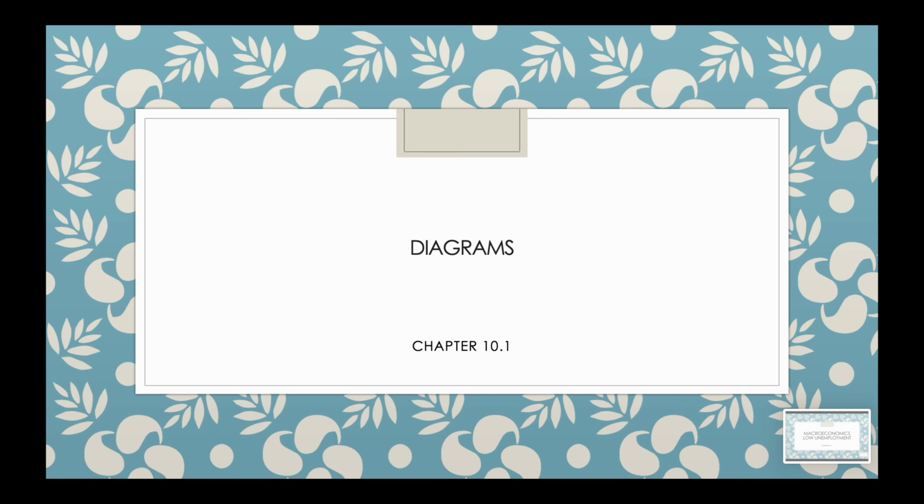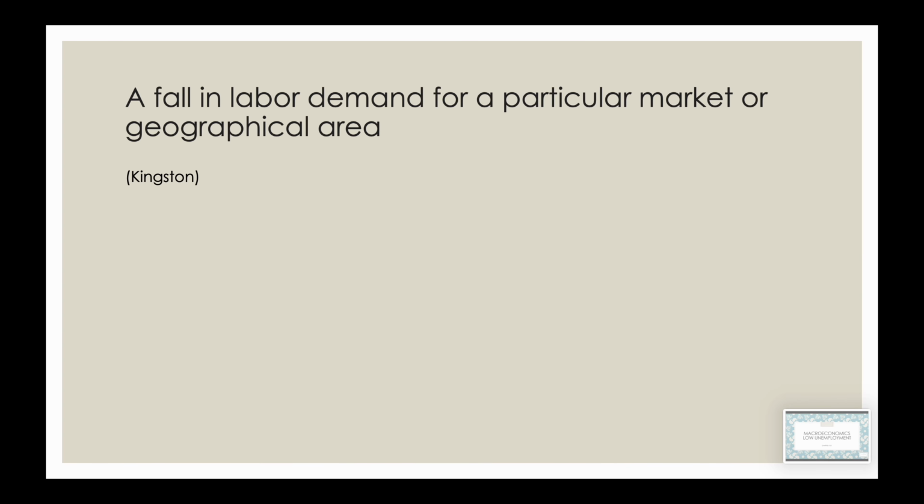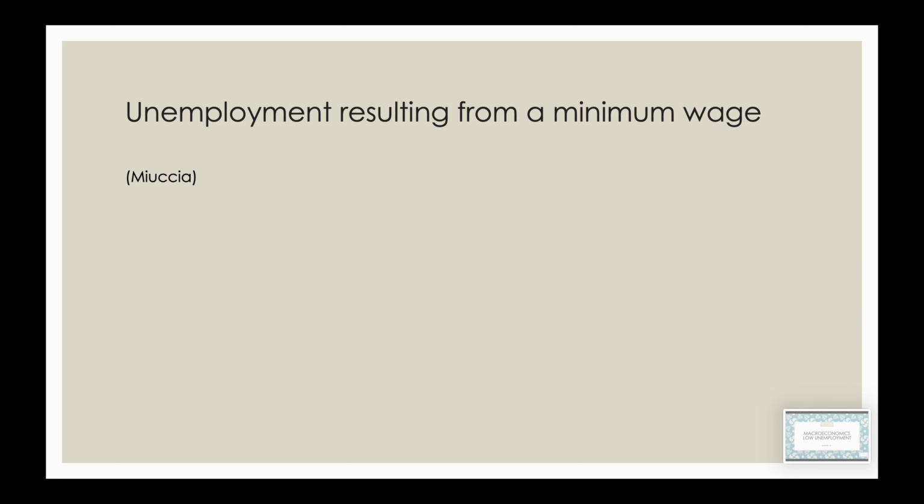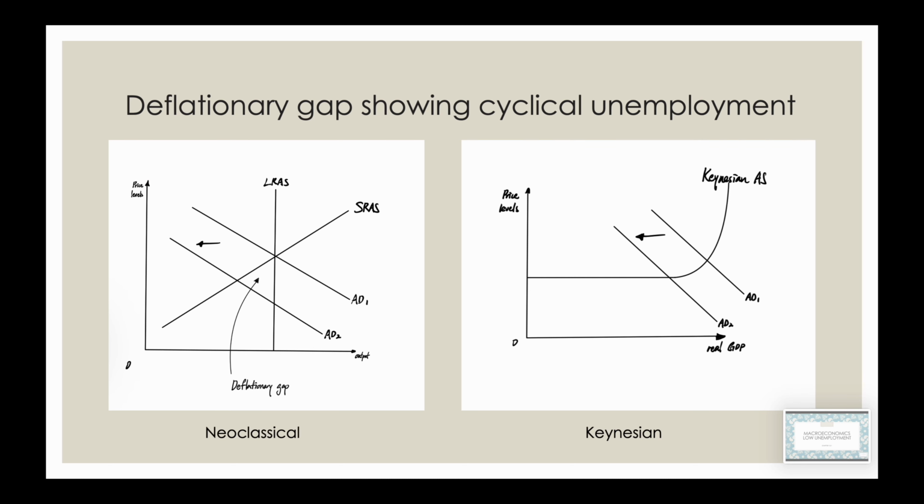And we have the diagrams. A fall in labor demand for a particular market or geographical area. This will be given to Kingston. And unemployment resulting from a minimum wage. This will be given to Musia. And also the third graph, the deflationary gap showing cyclical unemployment.